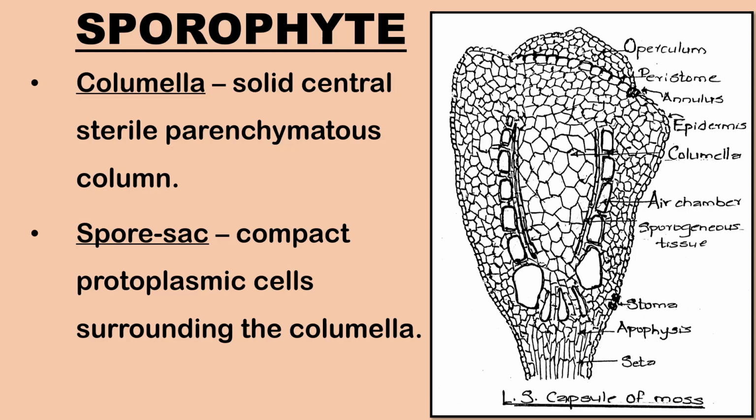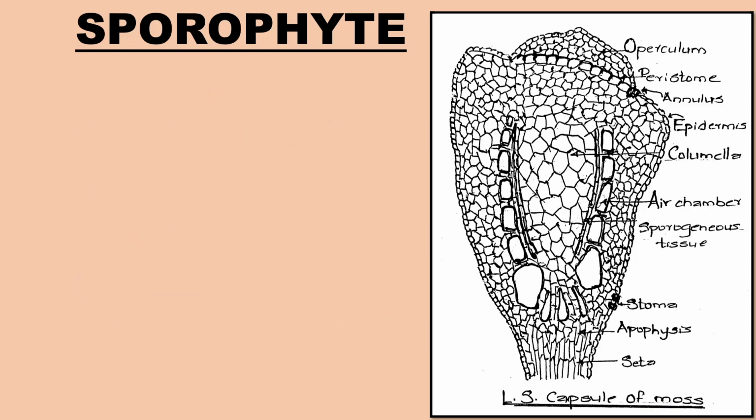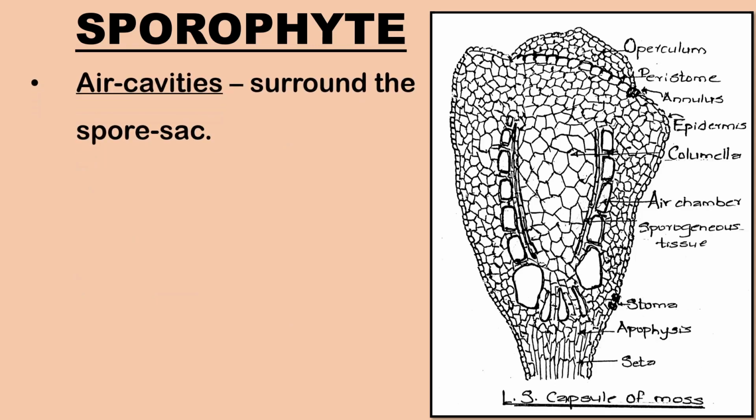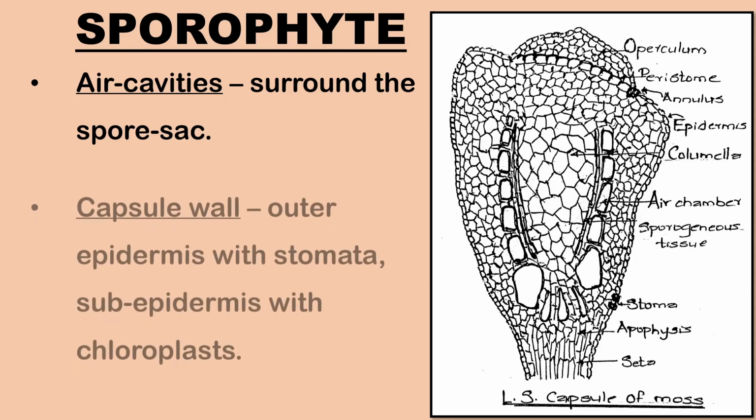Each cell of the spore sac functions as a spore mother cell and gives rise to a tetrad of spores by undergoing reduction division. Air cavities surrounding the spore sac are many air cavities traversed by delicate strands of cells.